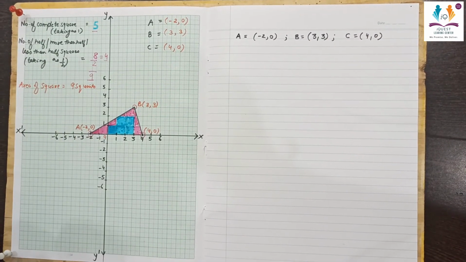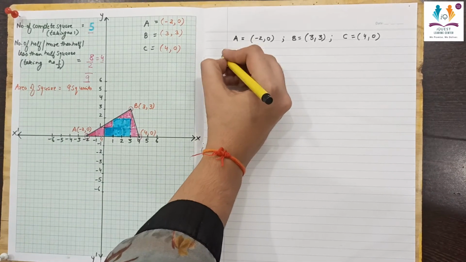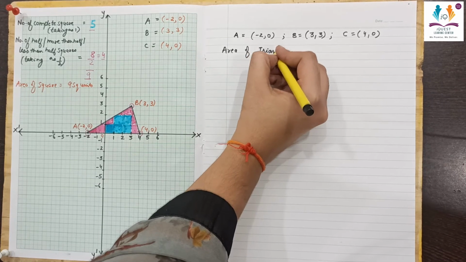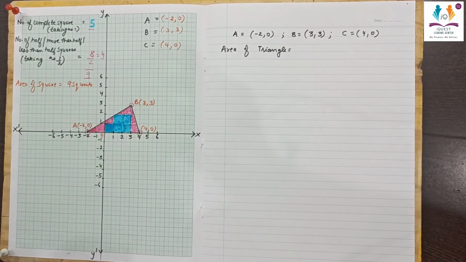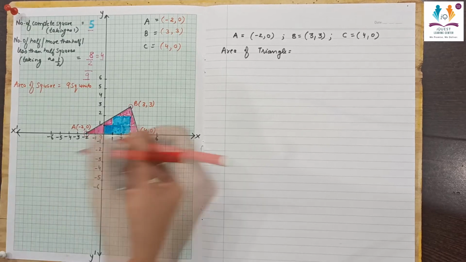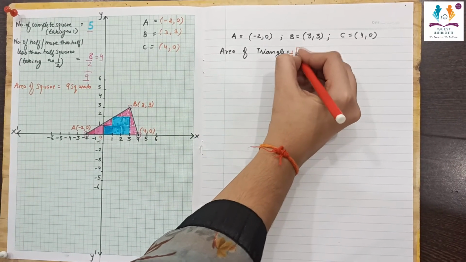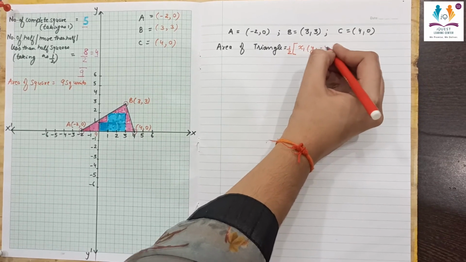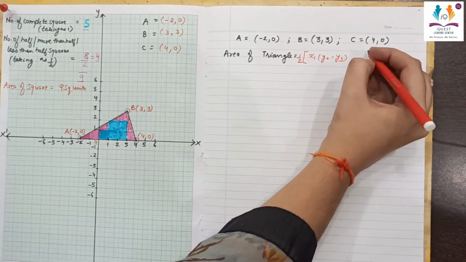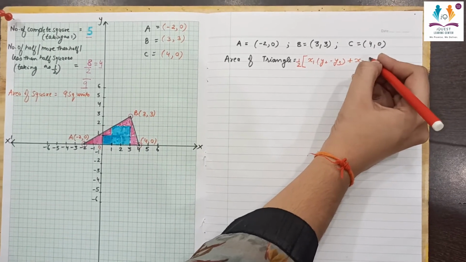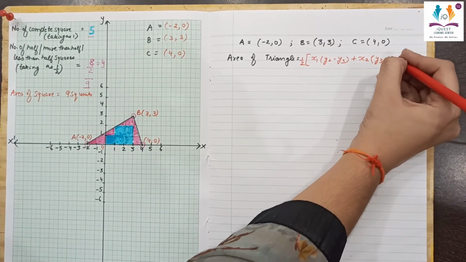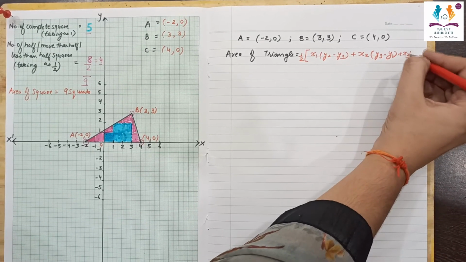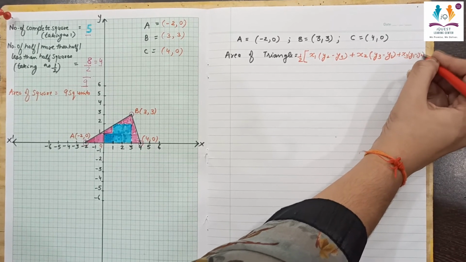So now area of triangle is equal to half x1 y2 minus y3 plus x2 y3 minus y1 plus x3 y1 minus y2.